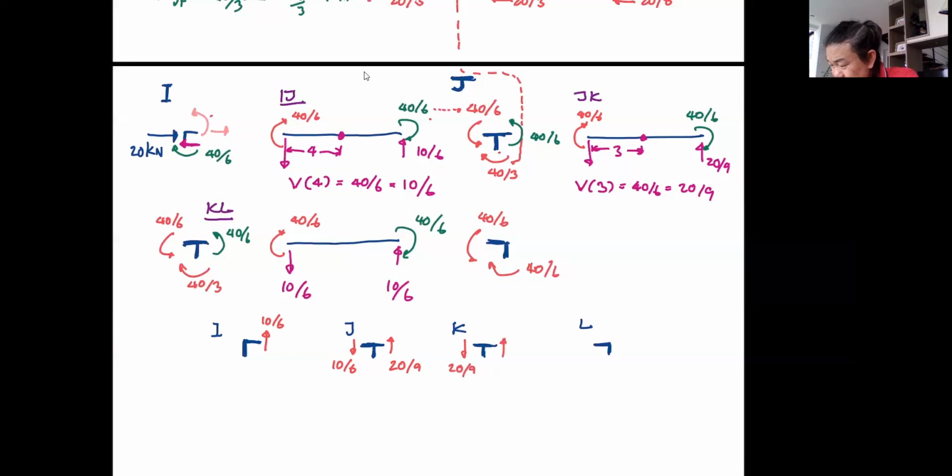And 10/6 is up instead. And the last one, it's down. Okay, so from this now, you will have the forces acting on your columns.